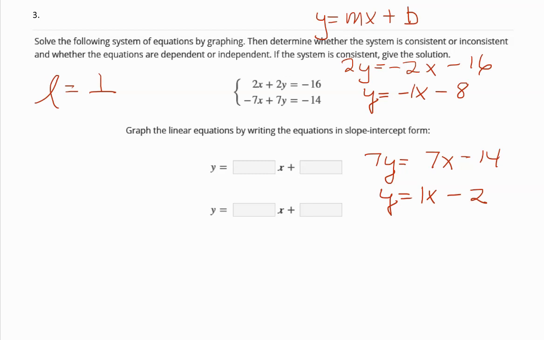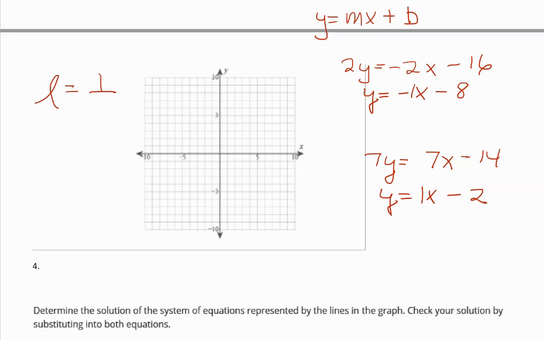So now what they're going to ask you is to graph this. So on the next page, and I'll leave the work there so that can guide you. And again, if you had the little whiteboards, I'd be asking you to show this.